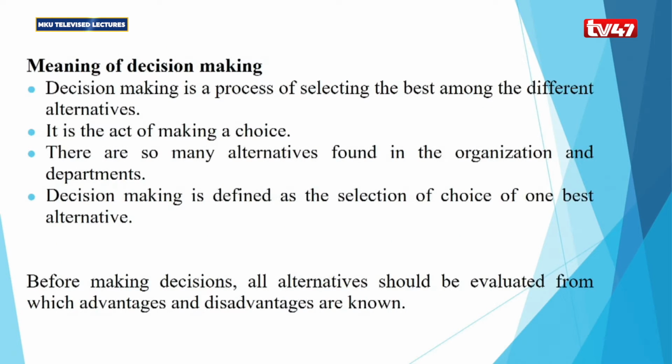Meaning of decision. Decision making is a process of selecting the best among the different alternatives, meaning that when we are making the decision, we must select the best among the different alternatives. It is also the act of making a choice. We choose from the many alternatives that we have.